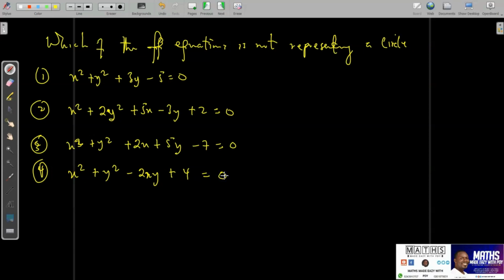So we're going to discuss this one and then we box on. Which of the following equations is not representing a circle? So just glance through and then tell me which one is not and give me the reasons why.